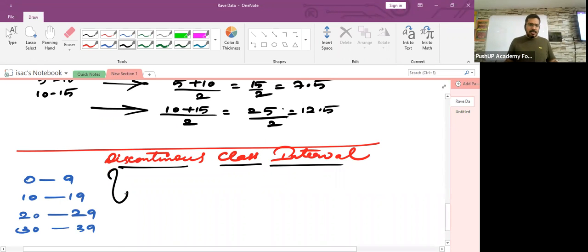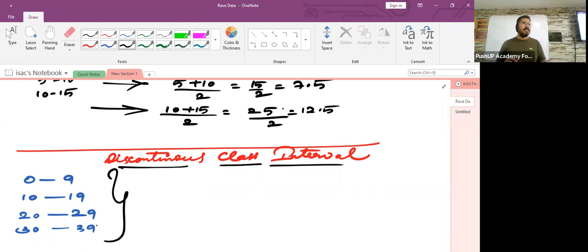Okay, now children, based on discontinuous class interval, I have to teach you some important facts, because in your textbook, first exercise, question number 5 and 6, they have asked you to find the actual lower limit and the actual upper limit. So if I have to teach you the concept of actual lower limit and actual upper limit, I have to go through multiple steps.